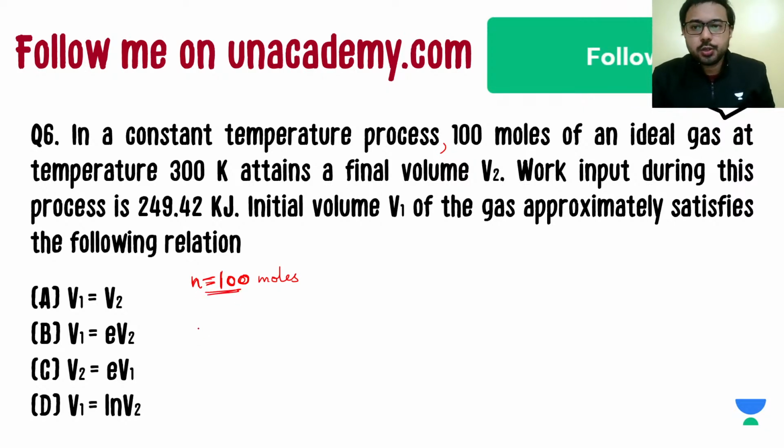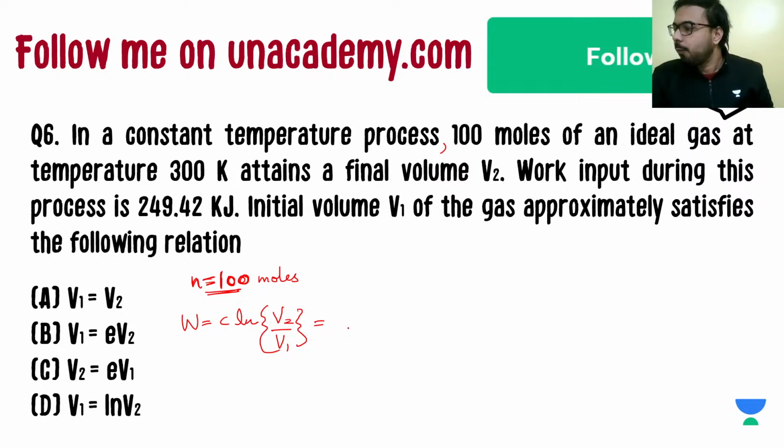And since this is a constant temperature process, work done will be equal to C, that is constant, and this constant can be calculated in multiple ways. So this is ln, and we have here two volumes, so V2 divided by V1, and this will be equal to the work that is going as input.